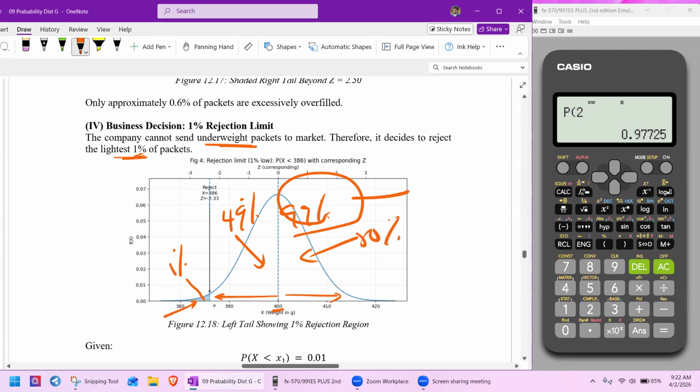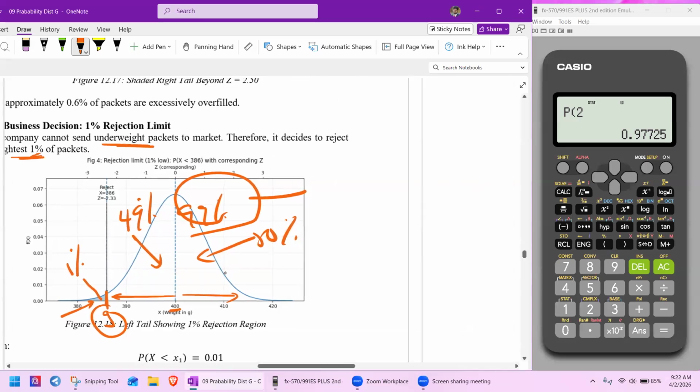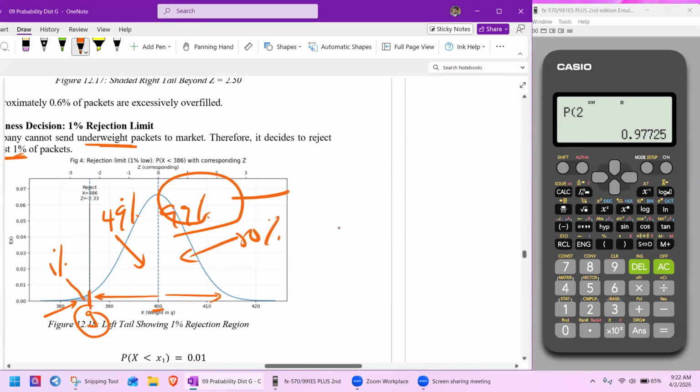And we should know at which weight we have to make the rejection decision. For that, we know that in the table we have this value, 49%, which is 0.4900 in the table.